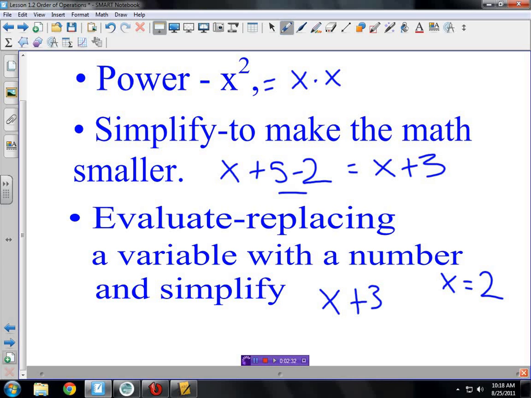So to evaluate, I'm going to take out the x and replace it with a 2. So here, I'm going to put in a 2 instead of an x. Everything else stays the same, so I get 2 plus 3. We can simplify that to 5. Good. Now, I think we all kind of had an understanding of what these two words meant beforehand, but just to clarify the difference between the two.